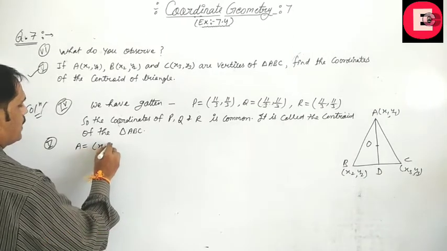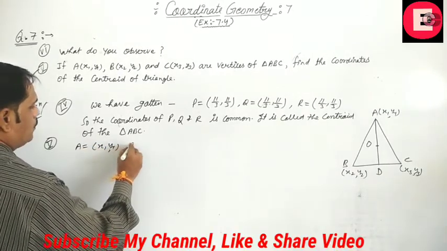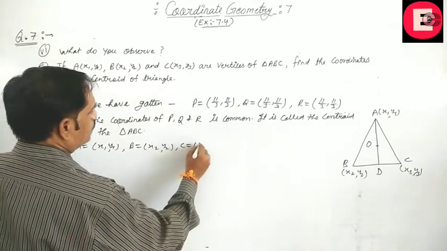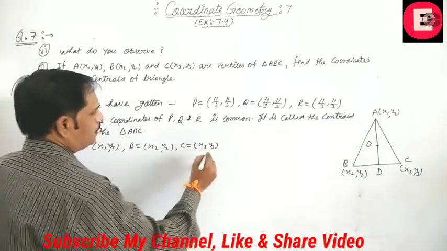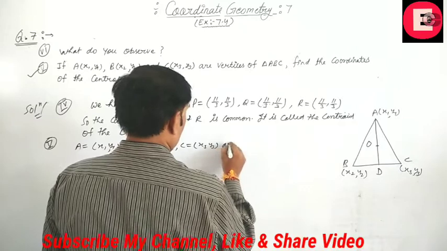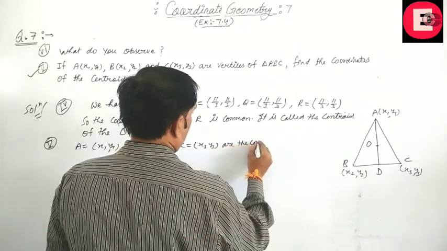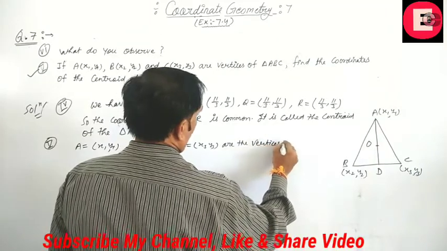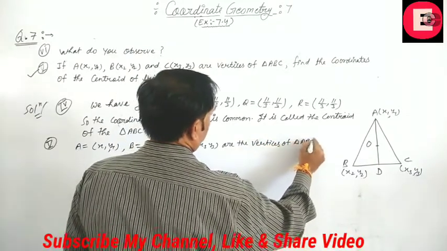A is x1, y1, B is x2, y2, C is x3, y3, the vertices of triangle ABC.